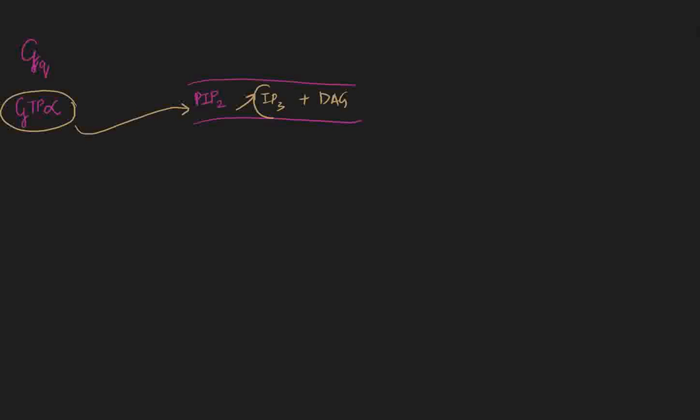Now IP3 is water soluble, but DAG is not. So what does IP3 do? IP3 says, well, bye bye DAG, let me go inside the cytosol and bring about calcium. So it moves to the cytosol, mobilizes calcium from your smooth endoplasmic reticulum.